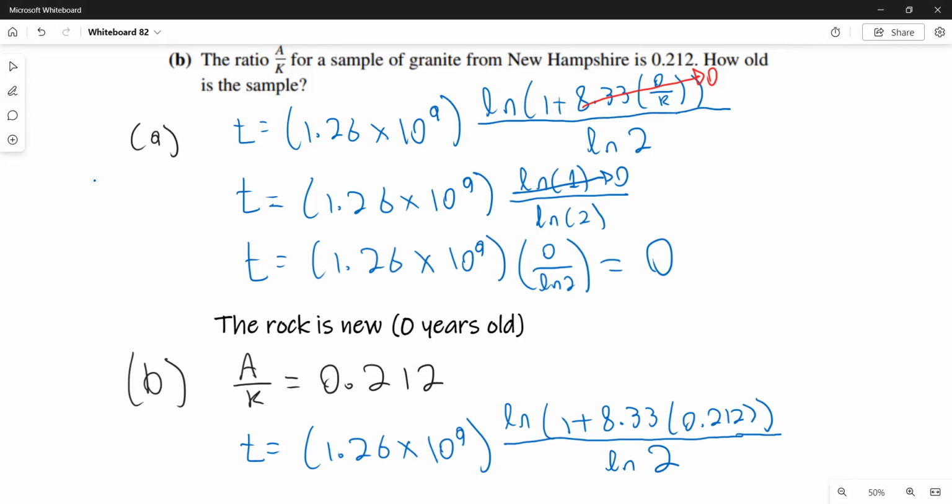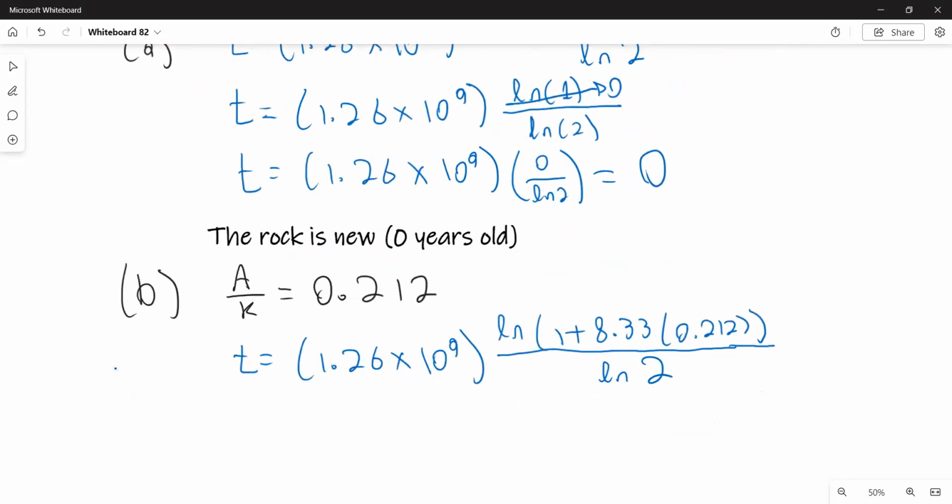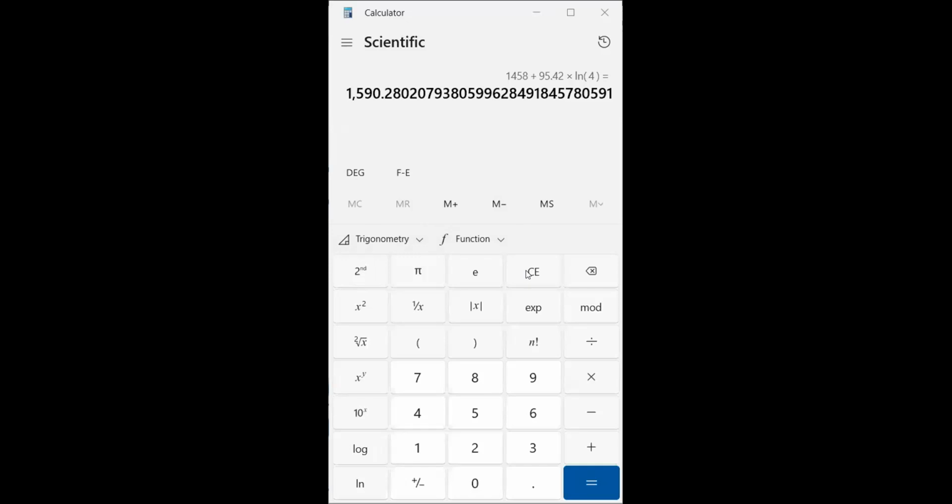Okay, let's simplify whatever we can. So T is 1.26 times 10 to the 9th, and then times the natural logarithm. So we're going to simplify whatever is inside the natural logarithm. This is 1 plus 8.33 times 0.212.